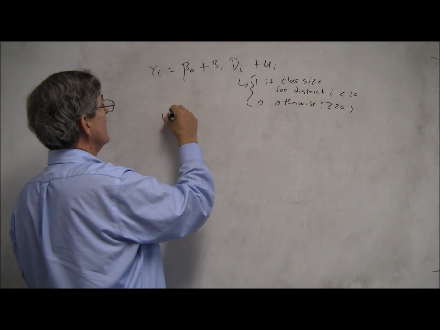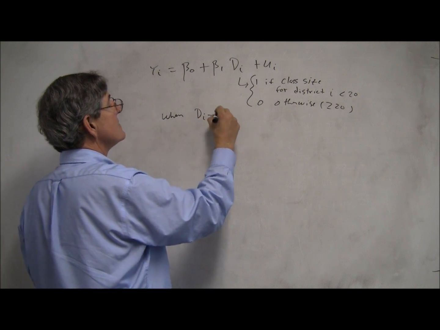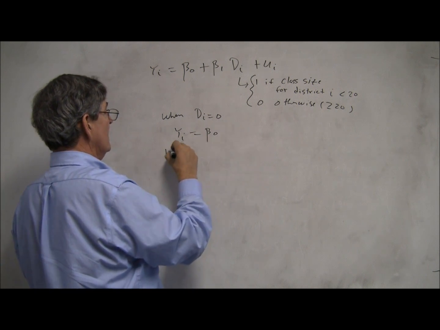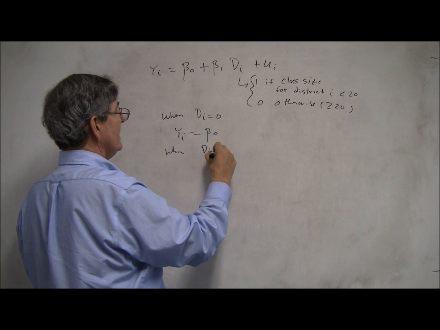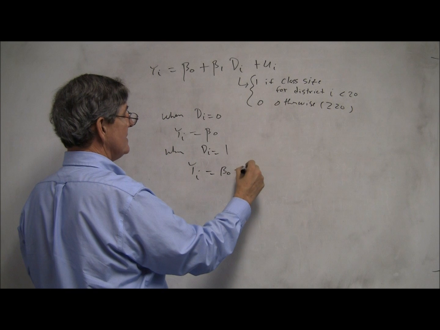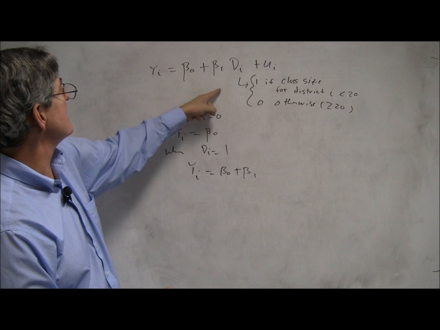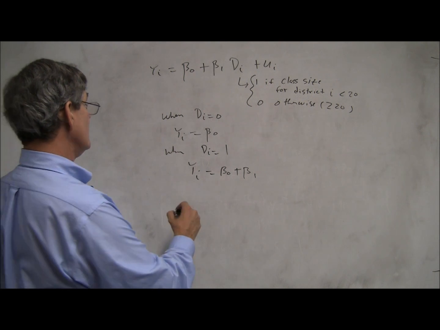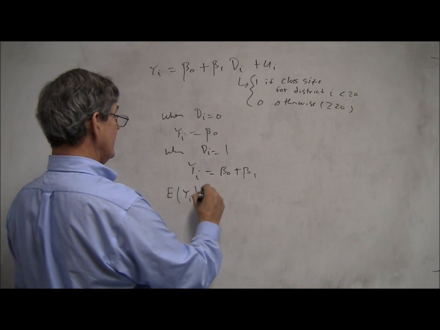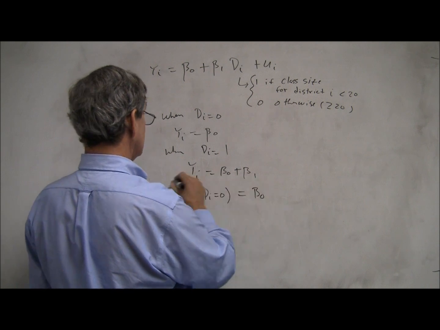So when D_i equals 0, Y_i is beta 0. When D_i equals 1, Y_i equals beta 0 plus beta 1. Because when this is 0, we just get beta 0. When it's 1, we get beta 0 plus beta 1. So the expected value of Y_i given D_i equals 0 equals beta 0.